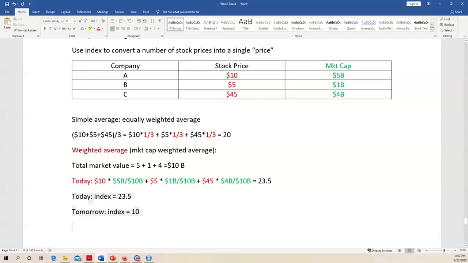Or we can say, on average, most stock prices have decreased a lot over this past one trading day, or the stock market has been doing terribly, right? Because the index value has dropped from 23.5 to 10 over a 1 day period of time.